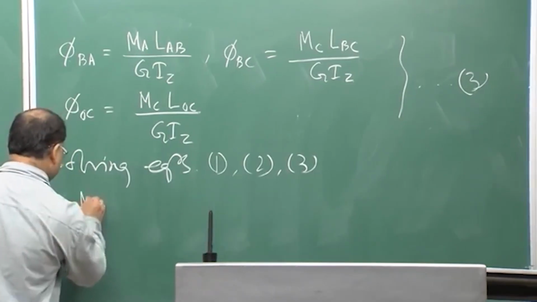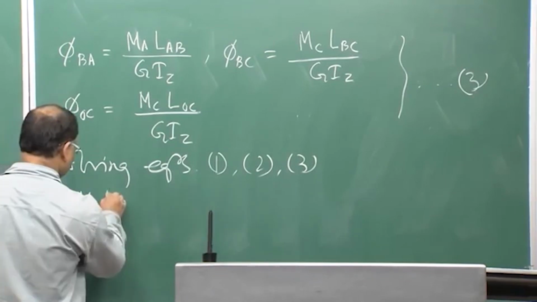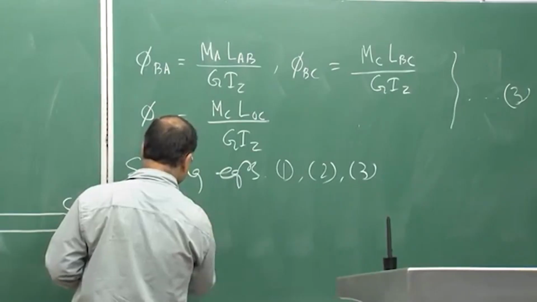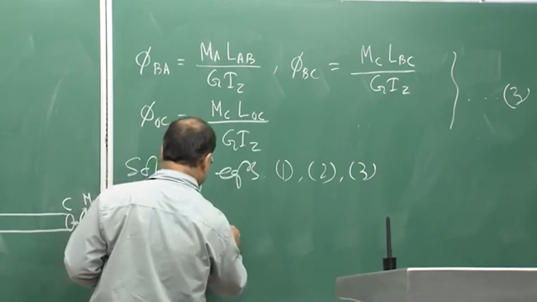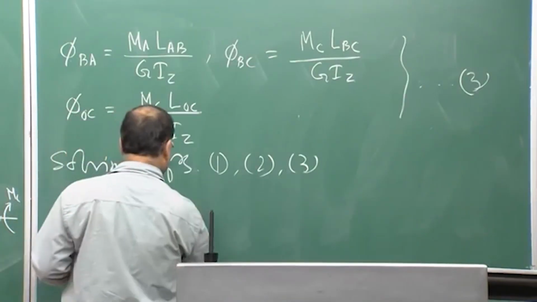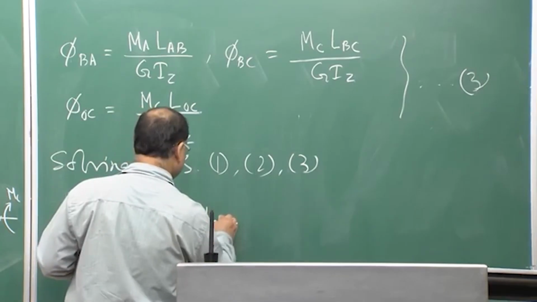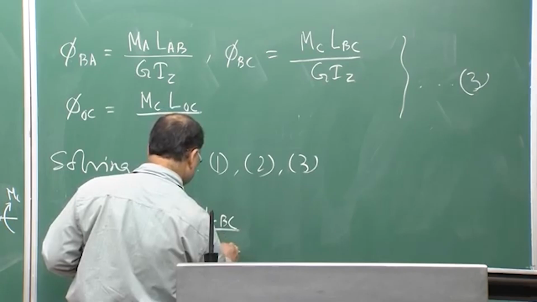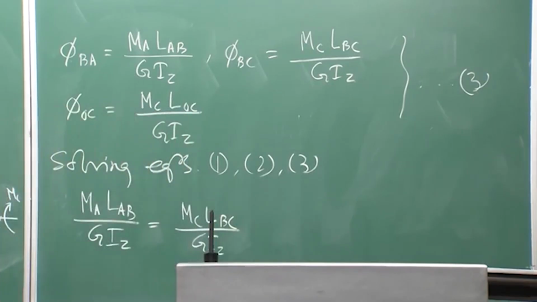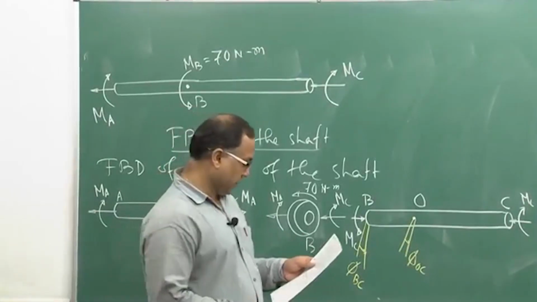So I can simply write MA LAB by GIZ is equal to MC LBC by GIZ, because same material, same cross section of the shaft, so GIZ remains the same.